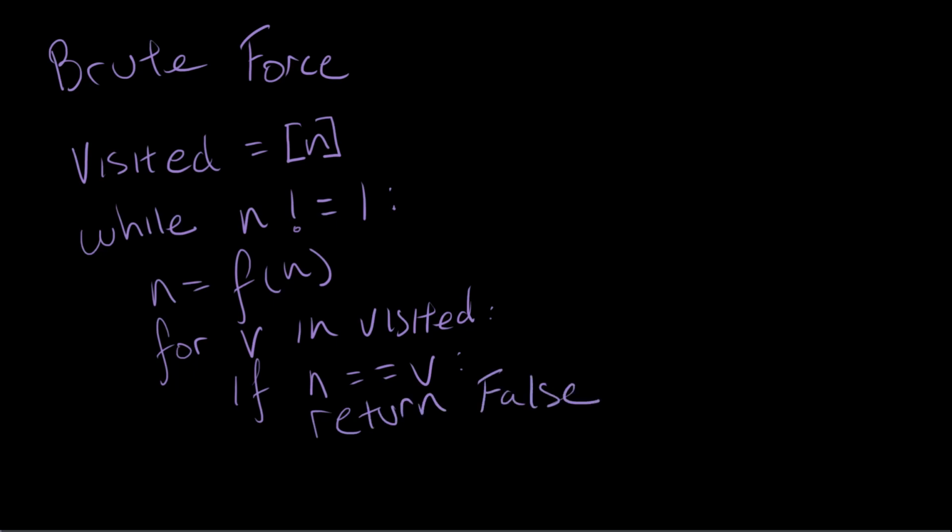We had a cycle which wasn't 1. Otherwise, visited plus equals our new n, which is f of n. And if we ever do exit this while loop, that means that n is 1, which means we're happy. So we will return true.